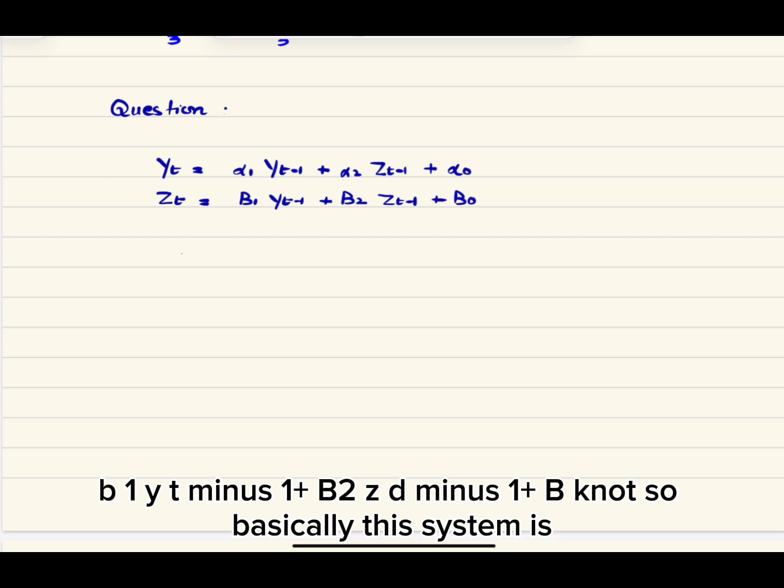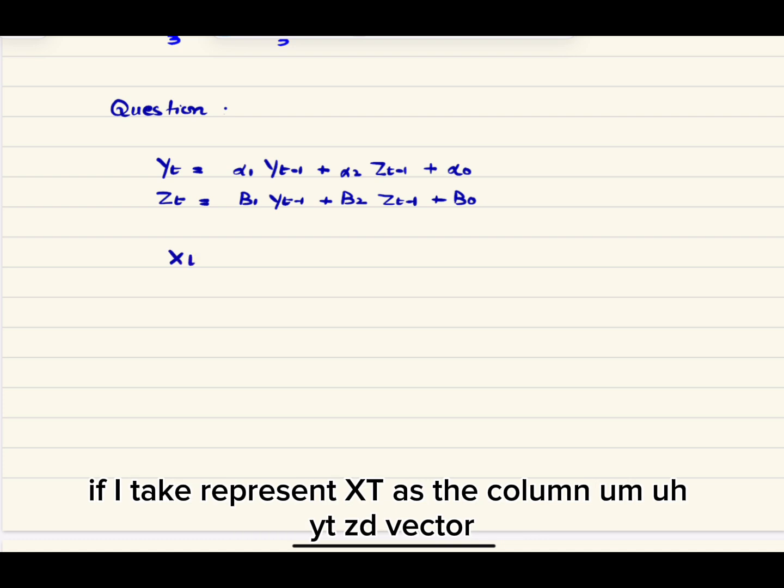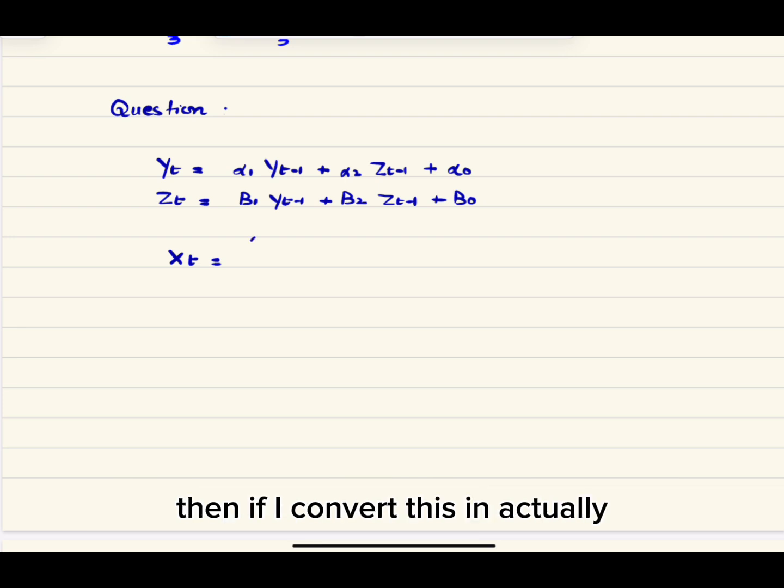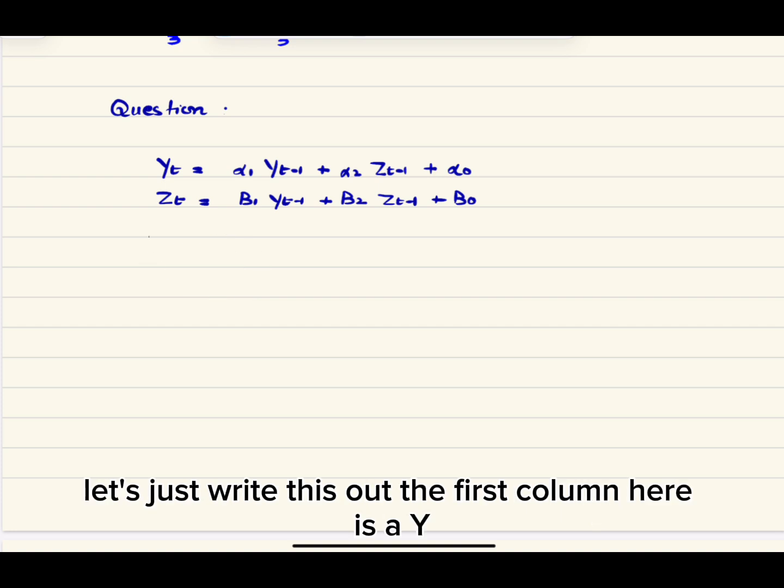So basically this system is, if I represent xt as the column vector yt, zt, then let's just write this out.